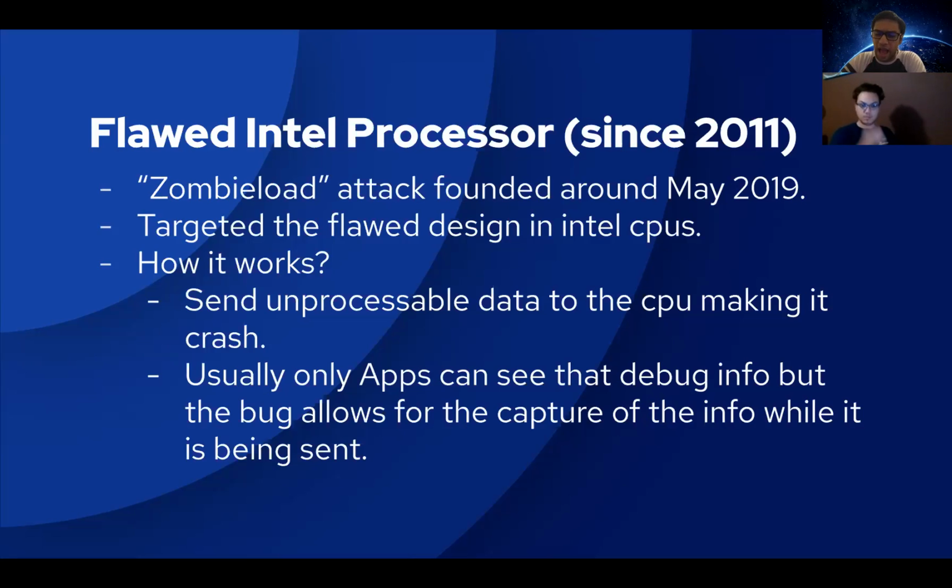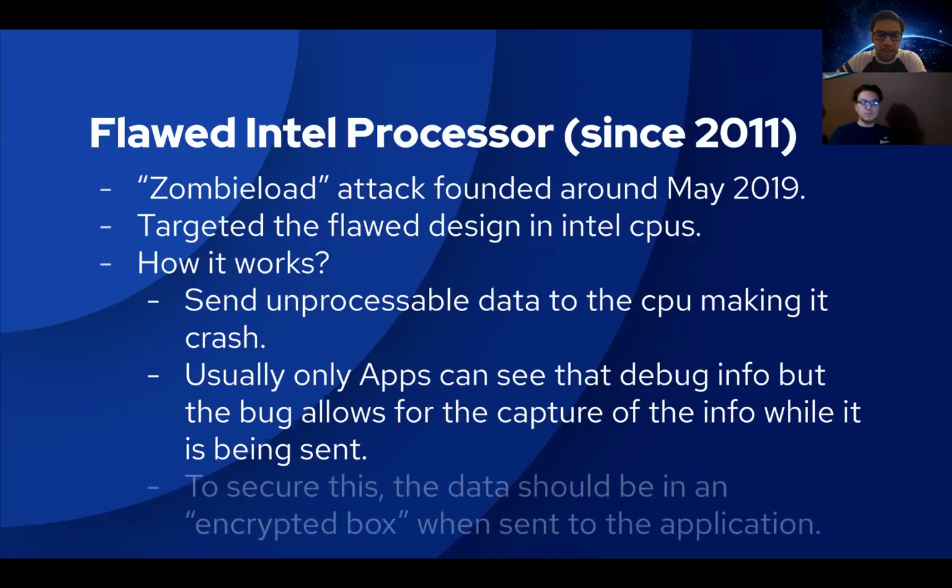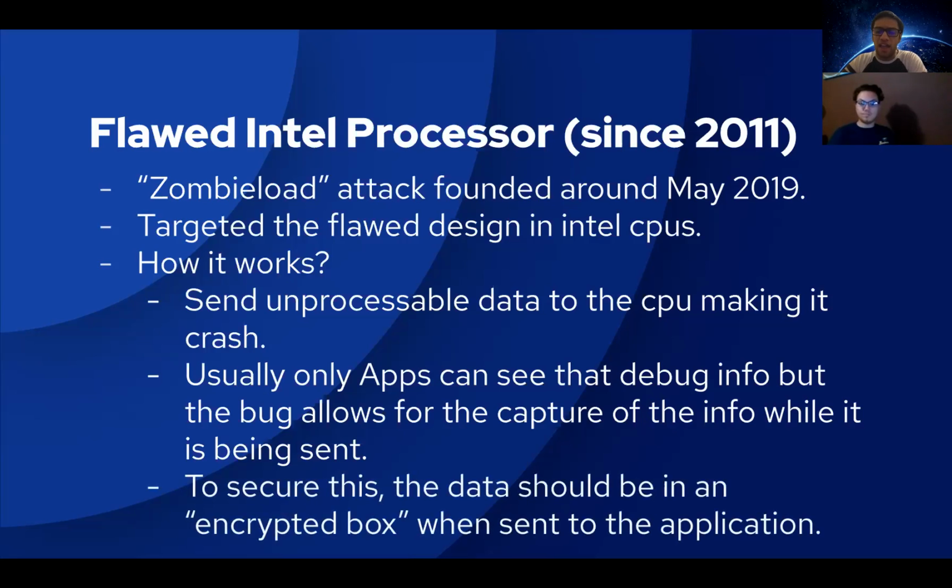When the CPU is sending it back to the app, that part was not encrypted, and that's why this attack works: since that was not encrypted, you can actually take that data out. And since debug info is pretty valuable when you're working directly with processors, you're able to get all the information and probably use it in some kind of malicious way.